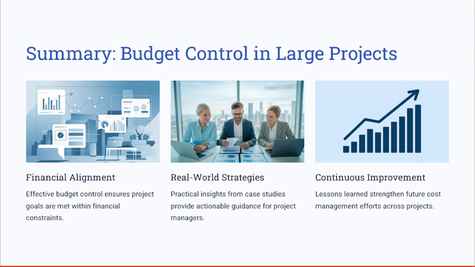This case study has demonstrated the value of proactive measures such as supplier negotiation and setting contingency reserves for the unknown risks related to the financial needs of the project. These practices not only ensure financial alignment, but also provide a roadmap and good lessons learned for future cost management excellence.